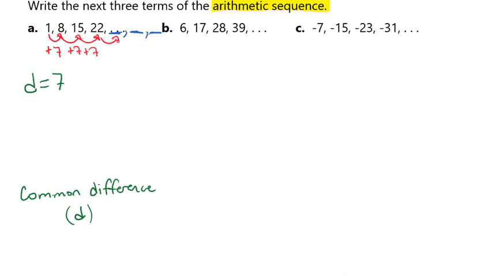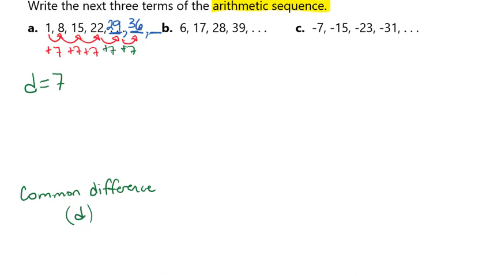So to get here, we're going to add 7. So 22 plus 7 is 29. Then we'll add 7 again. Let's try that with the right colors. There we go. So 29 plus 7 is 36.